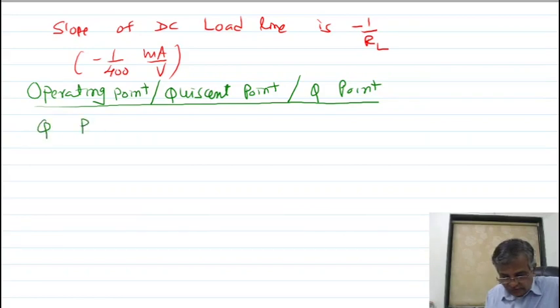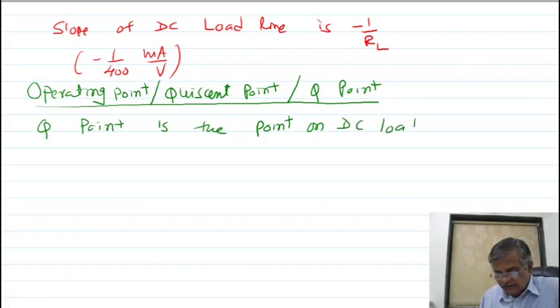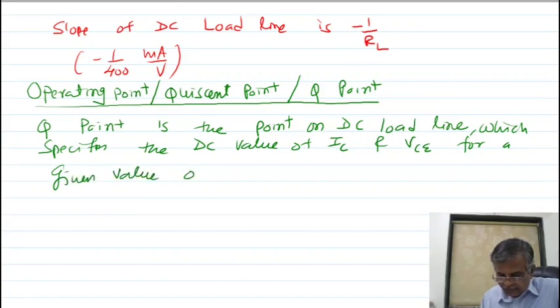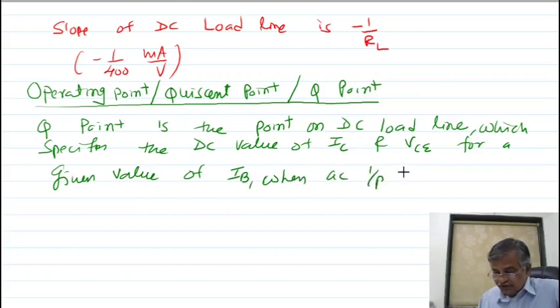The Q point is the point on the DC load line which specifies the DC value of collector current and collector-emitter voltage for a given DC value of base current when the AC input signal is not applied.